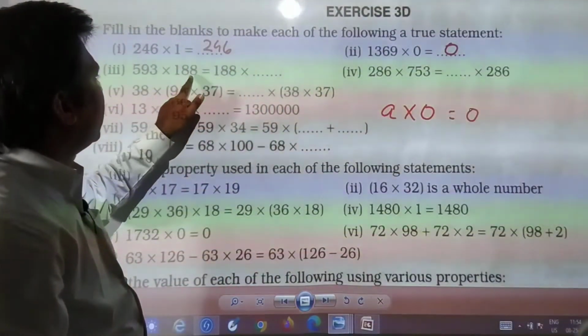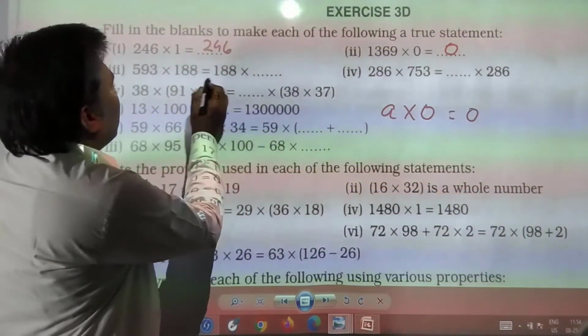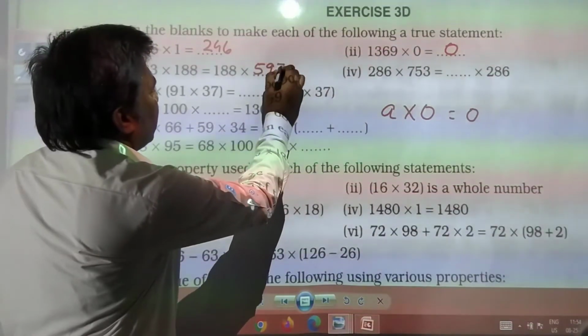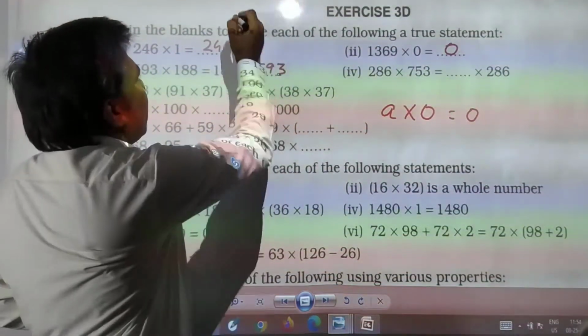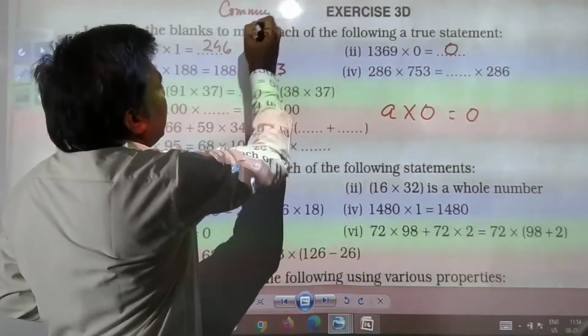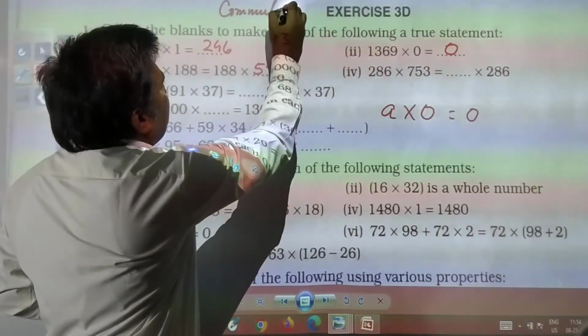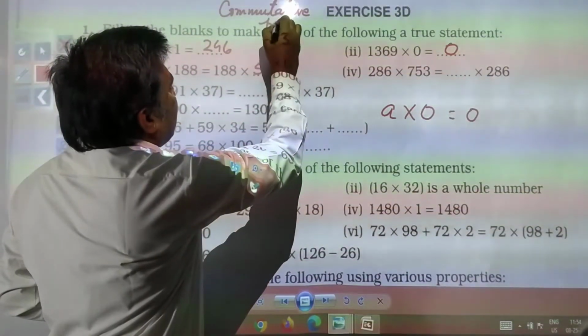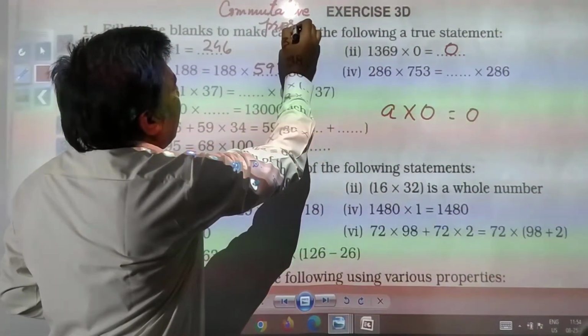593 into 188 will be 188 into 593. If you remember, that is called the commutative property of multiplication of whole numbers, or commutative law.